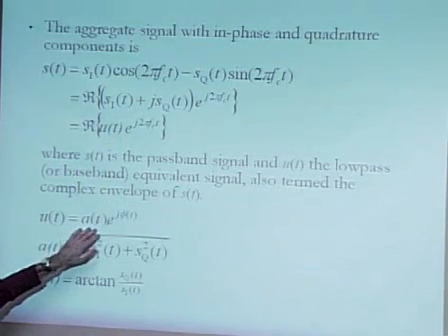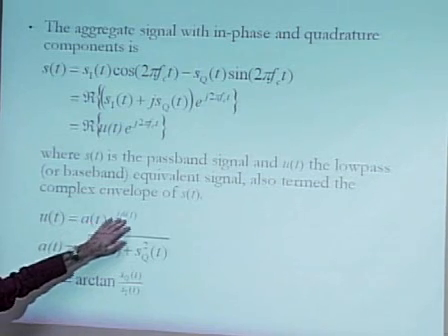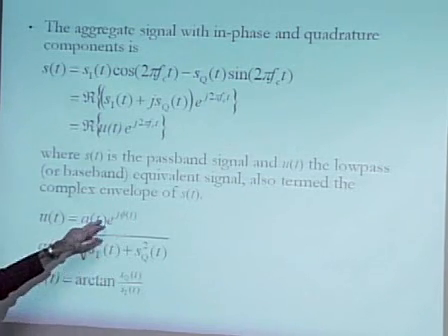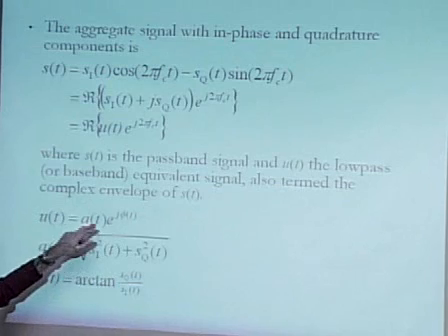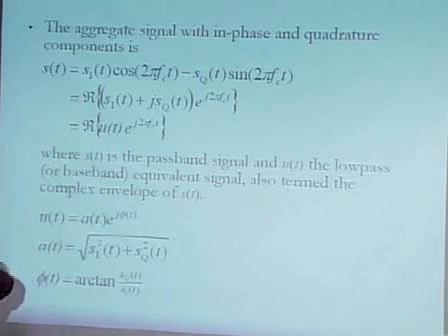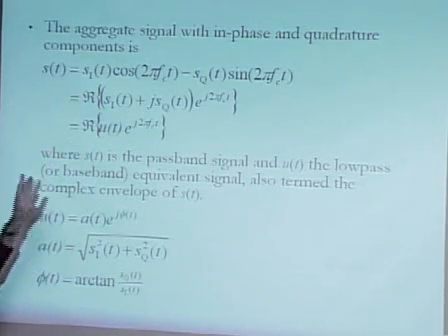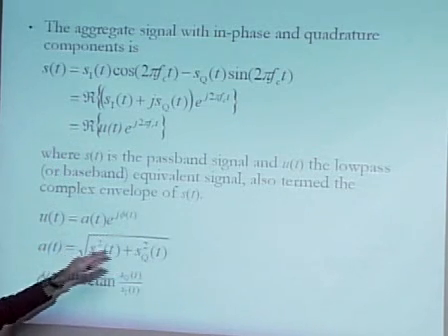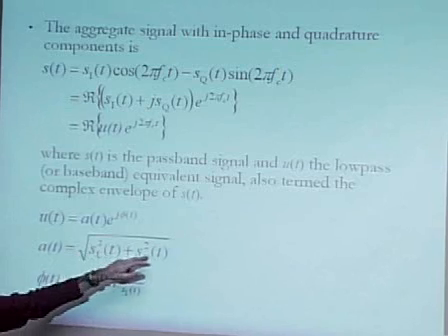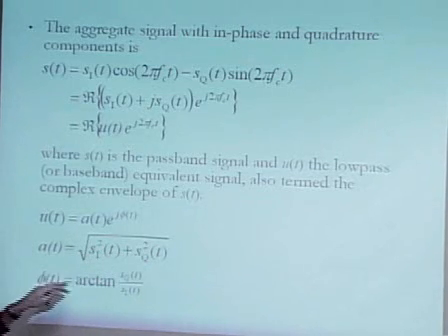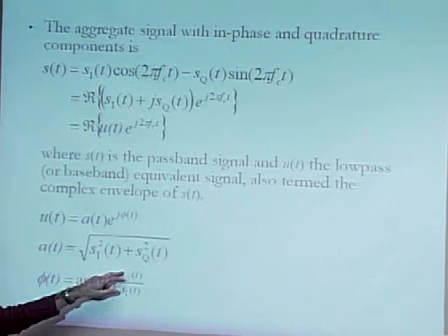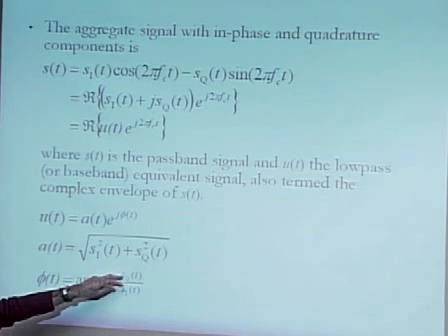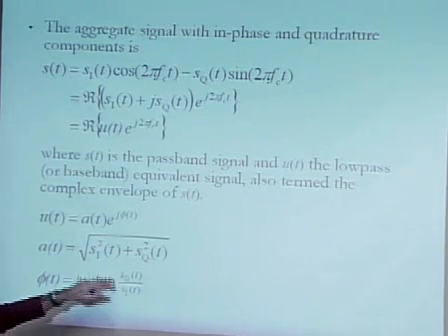So A of t will be the amplitude, and phi of t will be the phase. So a complex number can be expressed in polar coordinates or in real plus imaginary coordinates. And they relate in this way: the amplitude is just the square root of the sum of the squares of the in-phase and the quadrature, and the phase is the arctangent of the imaginary part, which is the quadrature, divided by the real part, which is the in-phase.